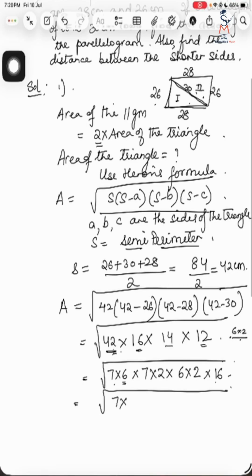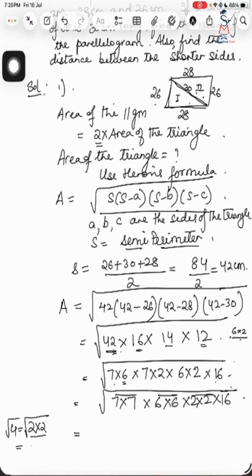Now we will pair them up. 7 into 7, 6 into 6, 2 into 2, all the pairs written together, and 16 I'll leave it because I know its square root. Now out of each pair I will take one number. That is how we find the square root. Like the square root of 4 can be written as 2 into 2, and out of these 2s I take one 2, and that becomes my answer.